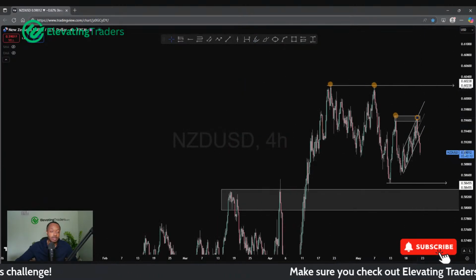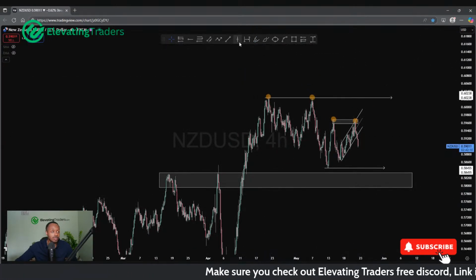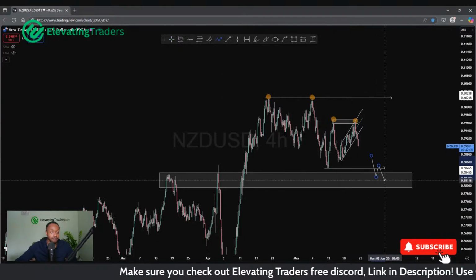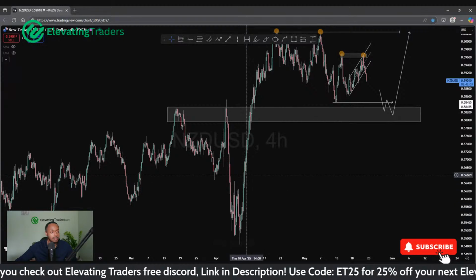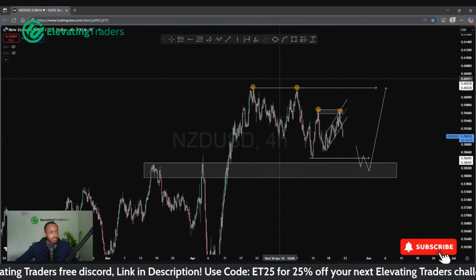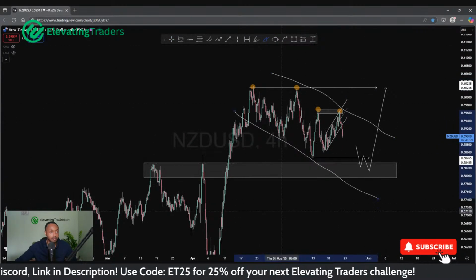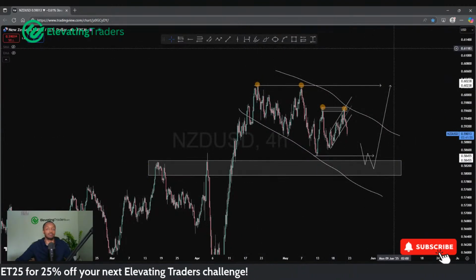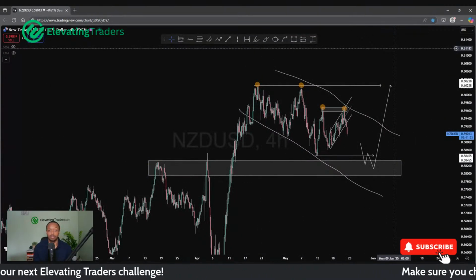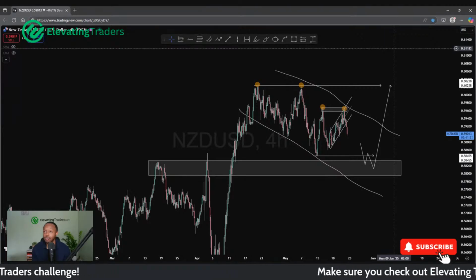But yeah, I do think upside is likely, but I do need price to push back into this area, and then I'll look for opportunities, because what I'm looking for is this as an impulse and this as a retracement. So there's your impulse, there's your correction, there's your next impulse. Impulse, correction, impulse, very, very simple pattern you see everywhere.